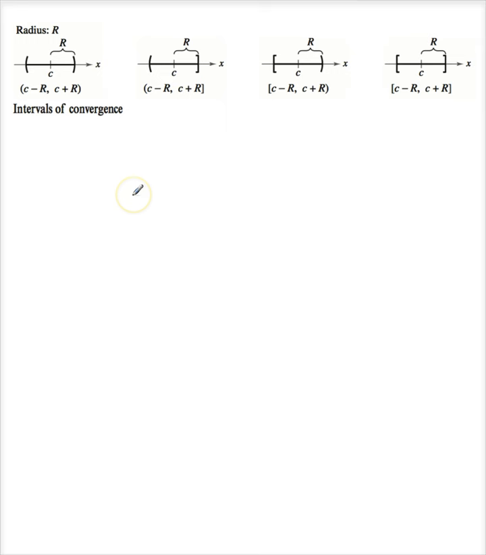So if I look at my series, I can have one of these four cases. In one case, when I put in x equals c minus r, it's possible for this series to diverge. You literally put x equals c minus r into the original series, and then use a ratio test to see if it converges or diverges.